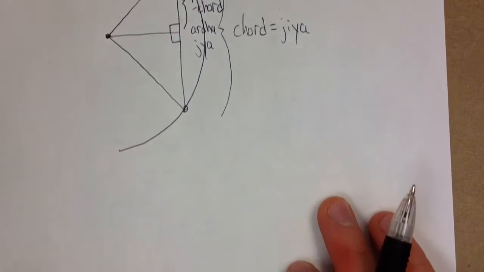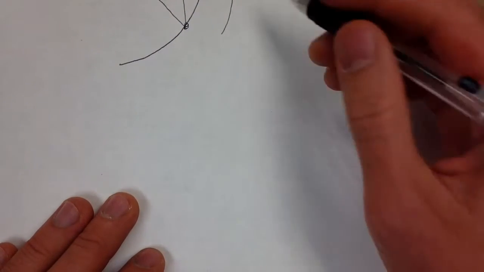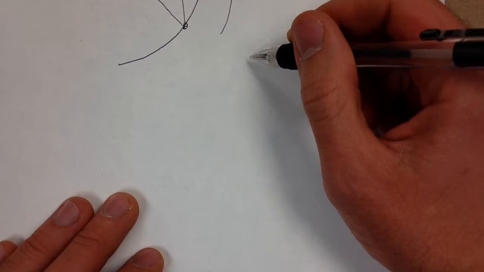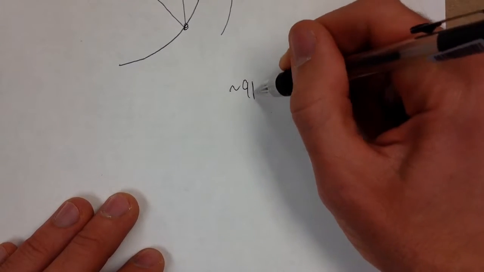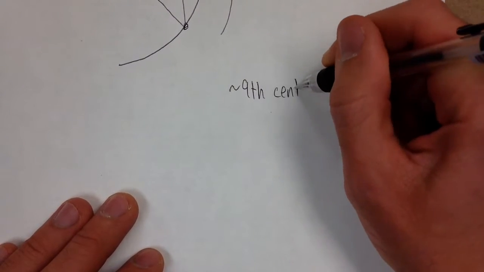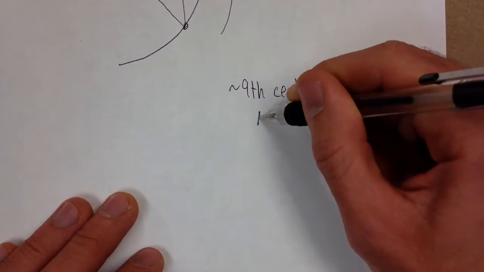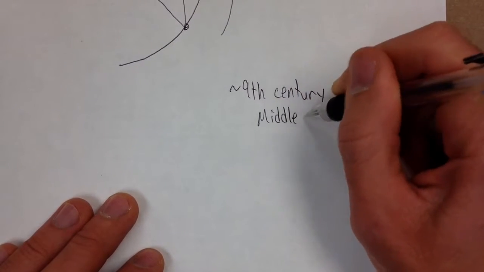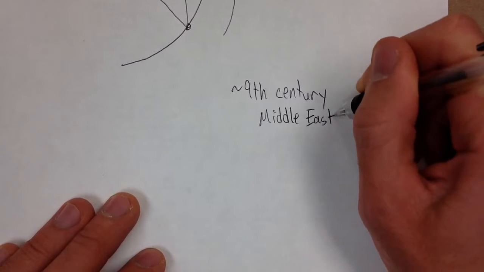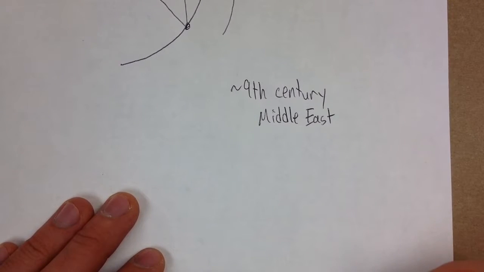Okay, so let's move forward. Approximately 9th century. Middle East. What's the primary language? Arabic.